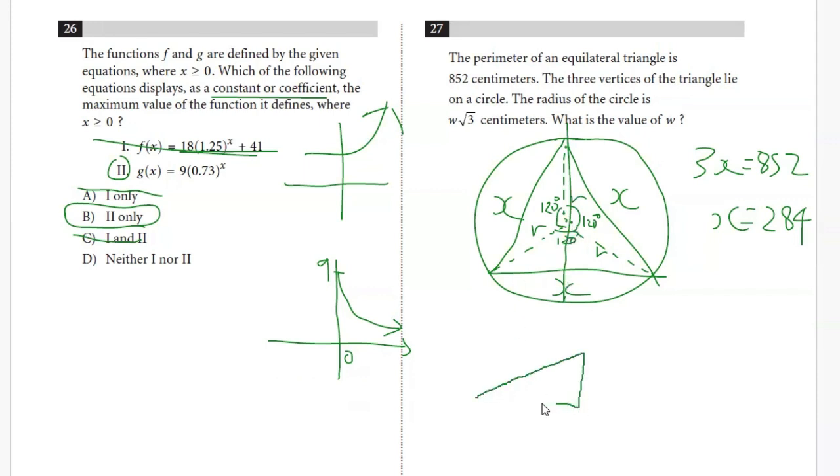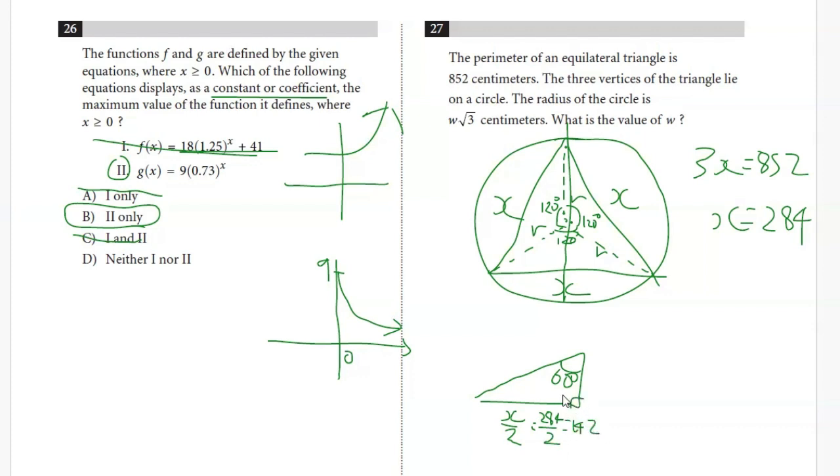Since I'm cutting the 120 into 2, it's going to be 60 degrees here. This is going to be x over 2. So 284 divided by 2 is equal to 142.